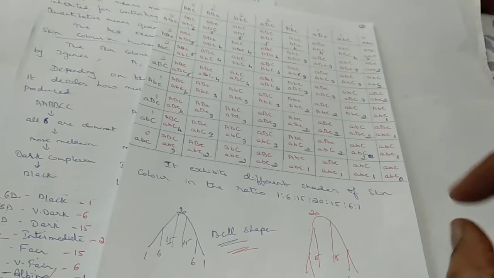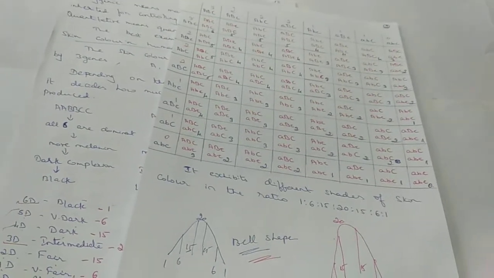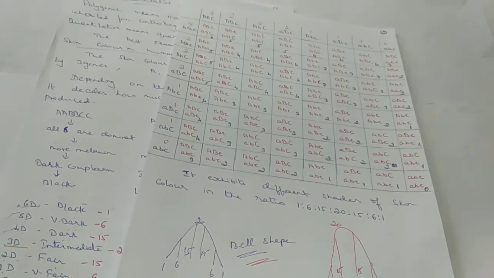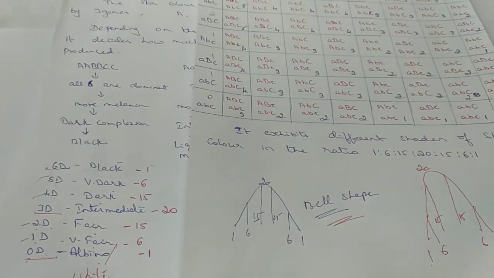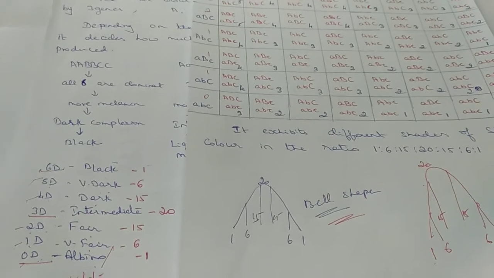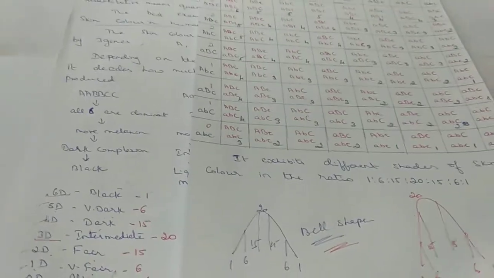So this shows that you do not get individuals with just a black color or a white color, but different shades of combinations arise. That all depends on how much melanin pigment is deposited.